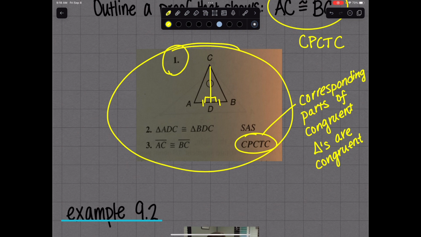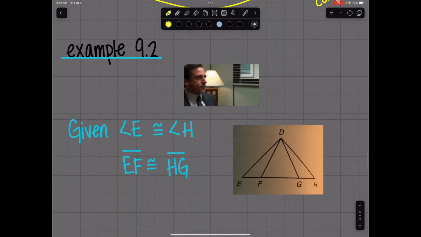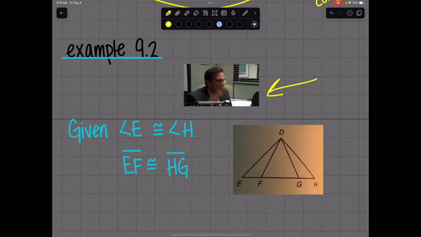And therefore, these triangles are congruent based on the SAS method. And therefore, these segments must be congruent based on CPCTC. And that is my proof, ladies and gentlemen of the jury. And there you go. That's how you do a proof. Are you freaking out like this?